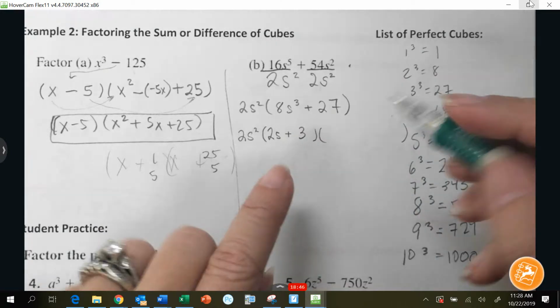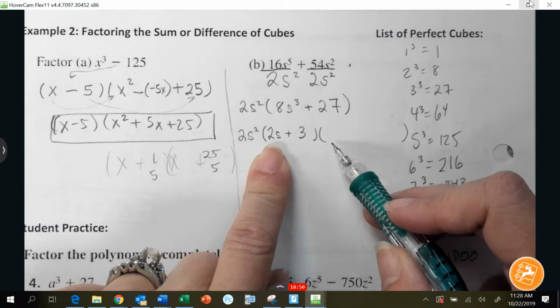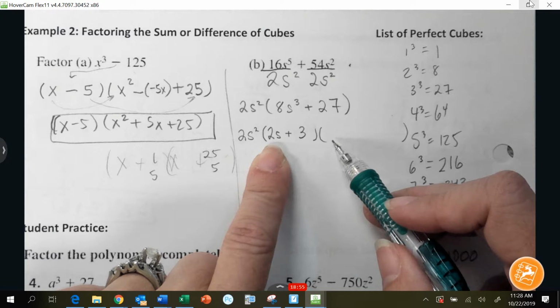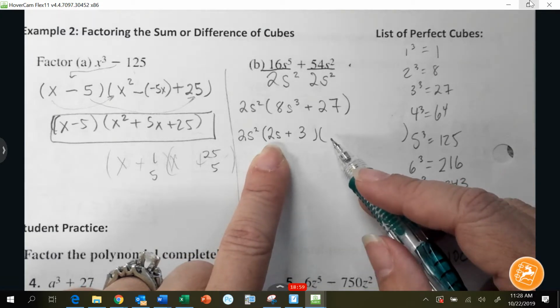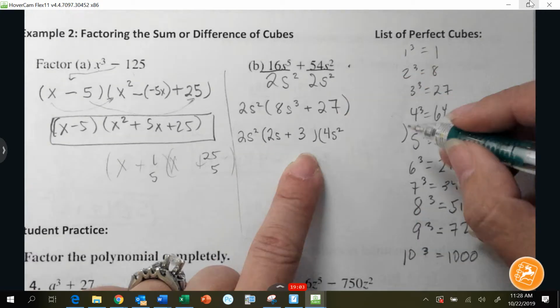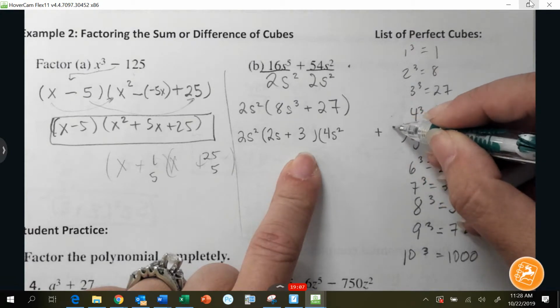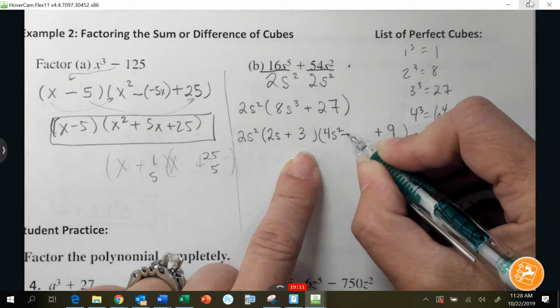The second parenthesis, in my first spot, I'm going to square 2s. What do I get? 2 is not squared. I'm going to square 2s. 4s squared. Then I'm going to square 3 for my last one. 9. In the middle, I do subtracting.